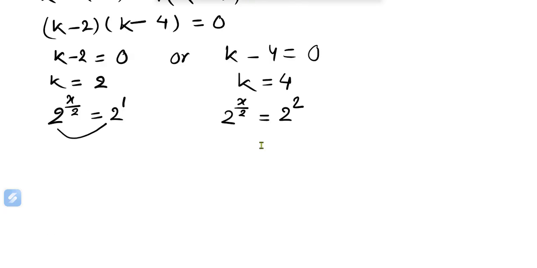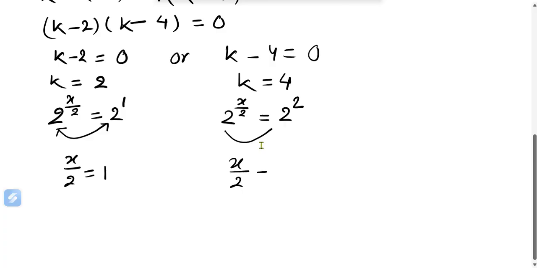Now since these two bases are equal, and here these two bases are equal, so we can say x divided by 2 is equal to 1. Since bases are equal, their indices, the powers, are equal. Same here, x divided by 2 is equal to 2.